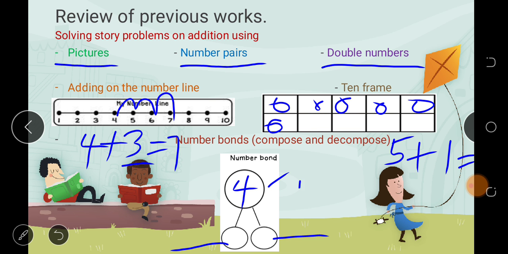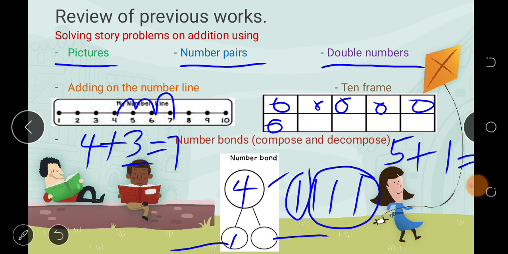So this is 4. I want to make 4 strokes. And then in how many ways can I write 4? I start with 1. This is 1 here, and the remaining is 3. So I can say 1 plus 3. That gives me 4. Another way I can group the sticks again.